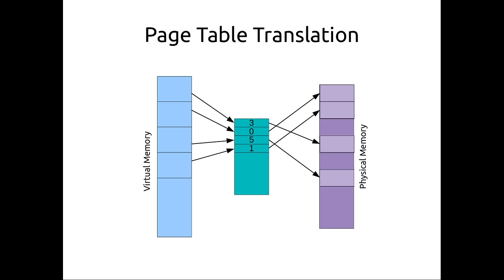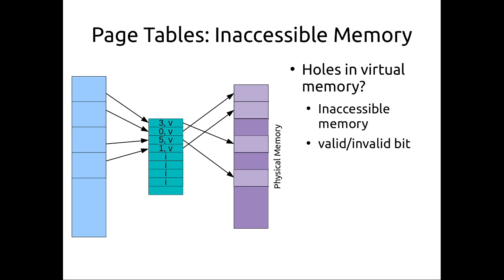Now, page tables are used for many more things. What I haven't talked about yet is something that we've talked about many, many times in the class, which is the holes within virtual address spaces. The idea behind a hole in the virtual address space is that somehow there are addresses that you can access, but there's no memory behind those virtual addresses. And now we can see how that's done, because page tables don't just include the frame number that corresponds to a given virtual page.